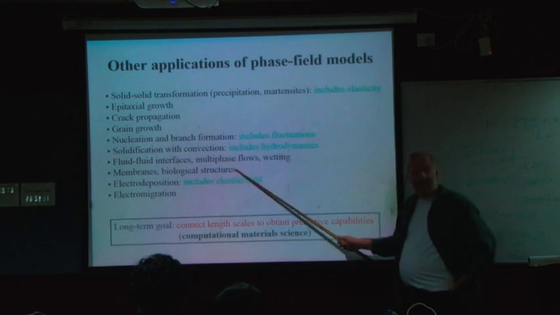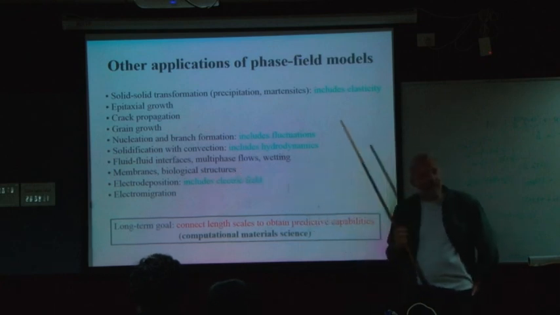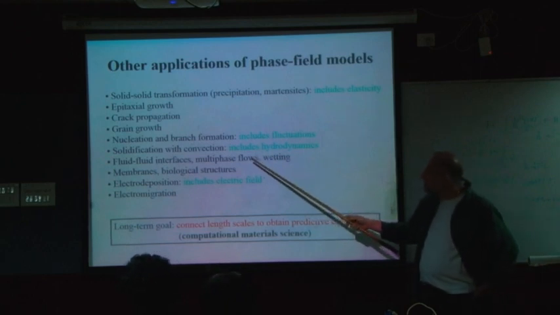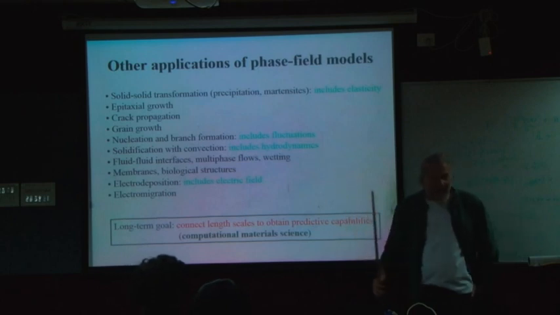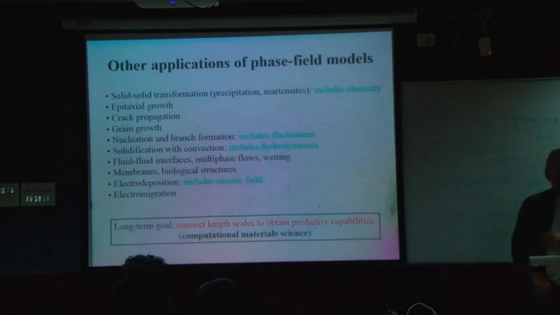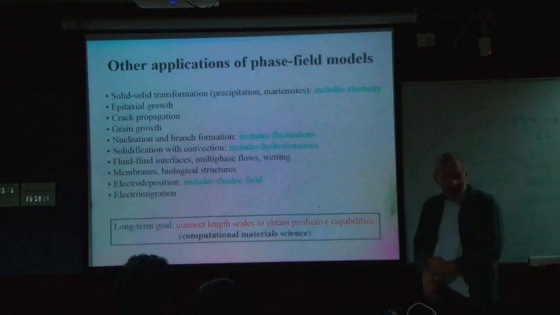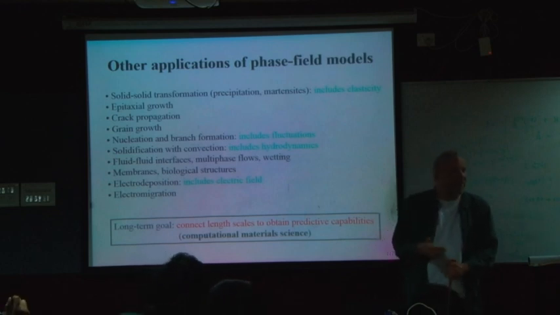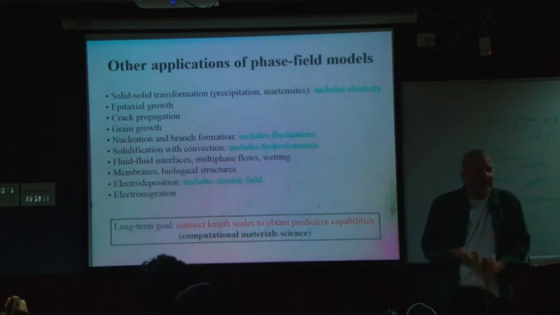I wanted to say a very innovative area for this kind of simulation methods that I have tried to present for multi-phase flow is biological structures. For example, there are people who try to simulate the flow of red blood cells in a capillary by the phase field method, because red blood cells are deformable entities, but they cannot be deformed in an arbitrary way because they have a stiff membrane.